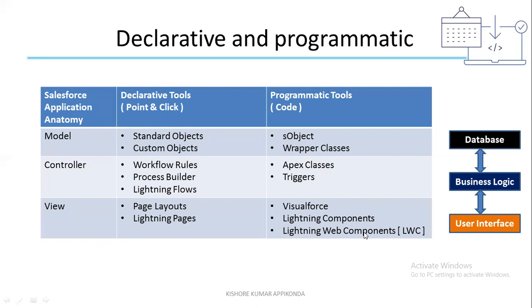What is the difference between classic and lightning? If you develop a project in classic, the classic version is not compatible with every device. Classic is compatible only with your desktop. Nowadays technology and trends have changed, right?